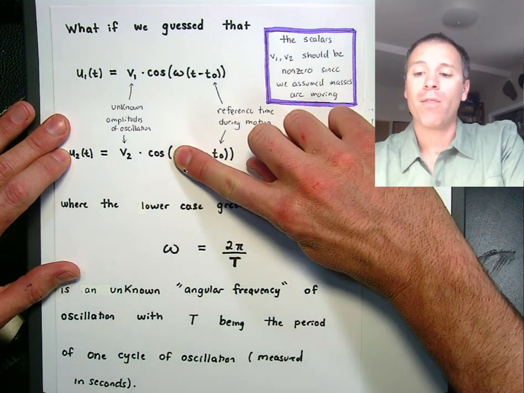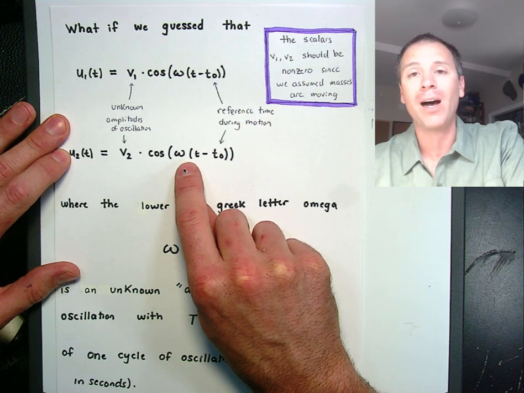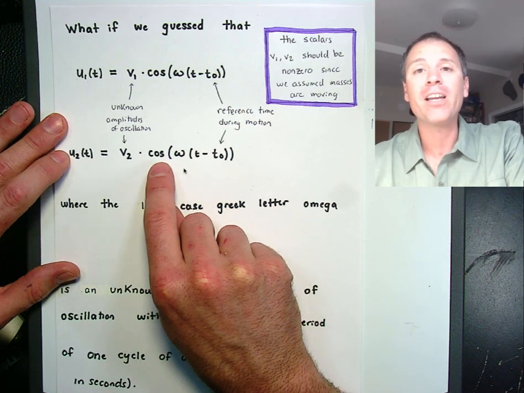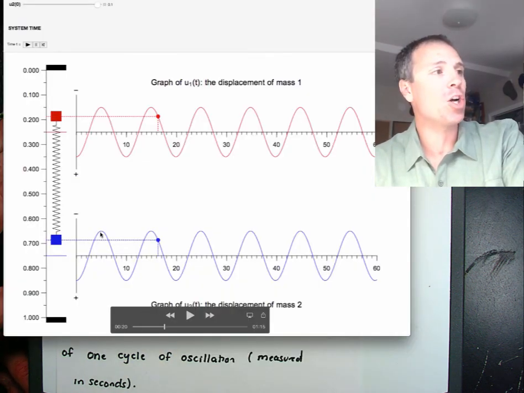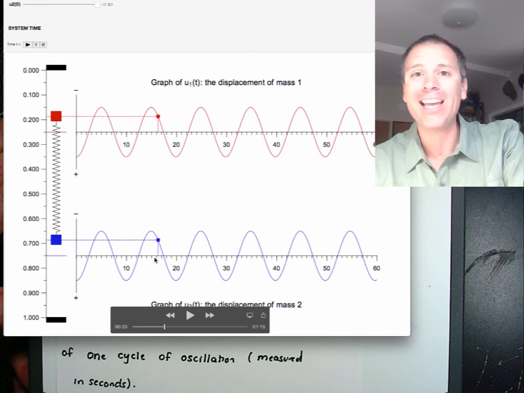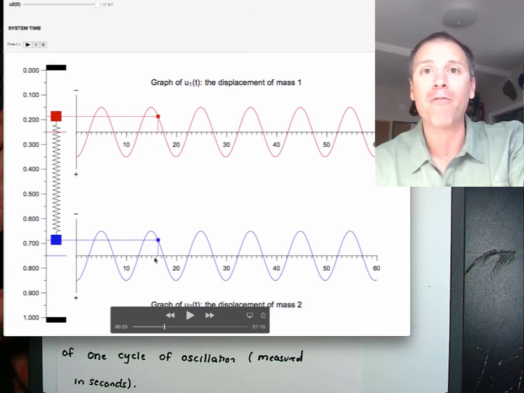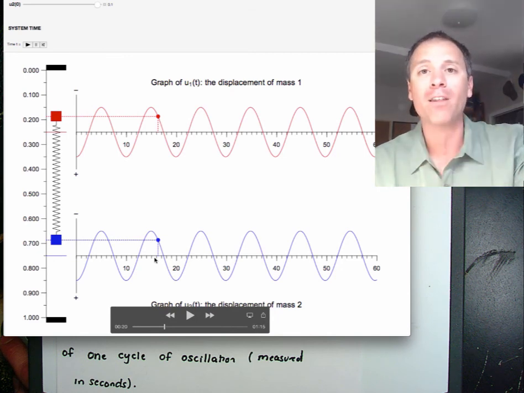normally if I just had the cosine function, we know the period of the cosine function is 2 pi. If we think about the period of one oscillation, the amount of time that it takes the mass to go from a single position all the way through the motion back to that single position, that's not going to be 2 pi in general. In fact, that's going to be a function of the masses, the spring constants, and the length of the pendulum.